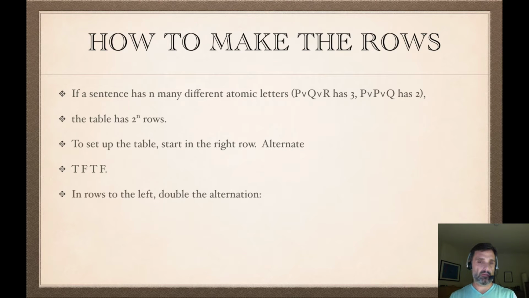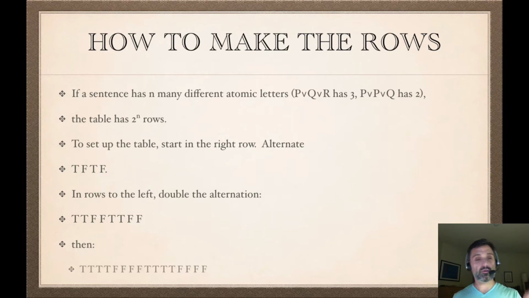In the next column to the left, you double the alternation: true, true, false, false, true, true, false, false. For a third column it'll be true, true, true, true, false, false, false, false, and so on. You just keep going like that.